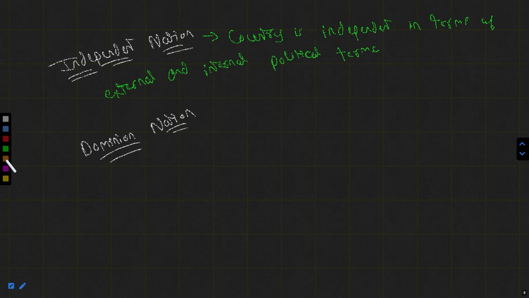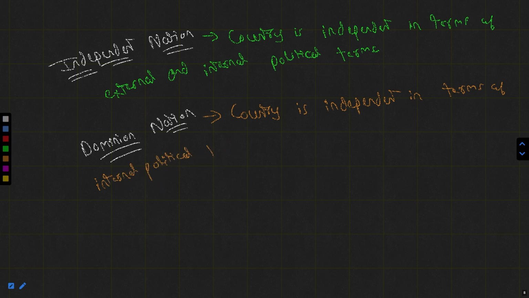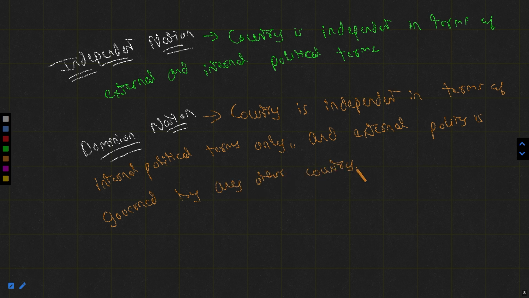When we talk about the dominant nation, then basically the country is independent in terms of internal political terms only, and external polity is governed by any other country.